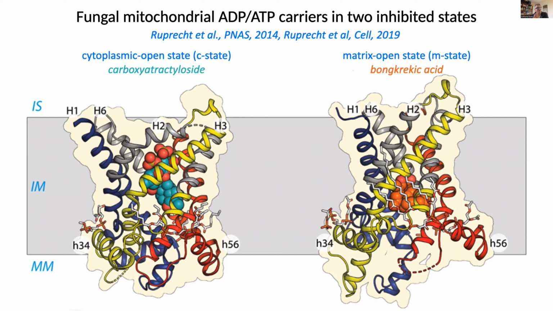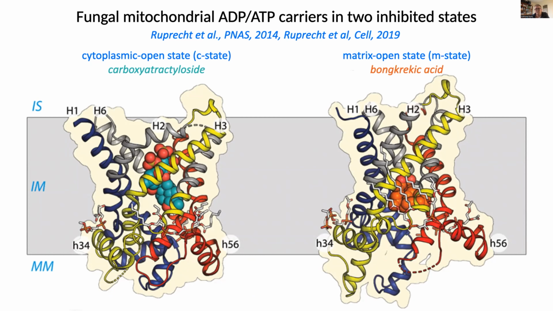The other state is called the matrix open state. So now the central cavity is open to the mitochondrial matrix, and that state is fixed by a powerful inhibitor called bongkrekic acid. And because we have these 2 extreme states of this transport, it allowed us essentially to work out how the carrier moves from one state to another.